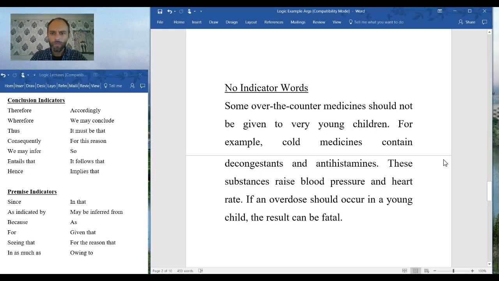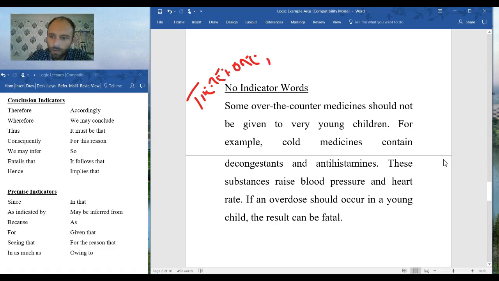And recall also at the beginning of the lecture I said, if there are no indicator words, one way you can try to figure out if what you think is the conclusion is actually the conclusion is by adding your own indicator words. So let's try to do that here. So we are suspecting that the first sentence is the conclusion here. So let's add a therefore before the first sentence.